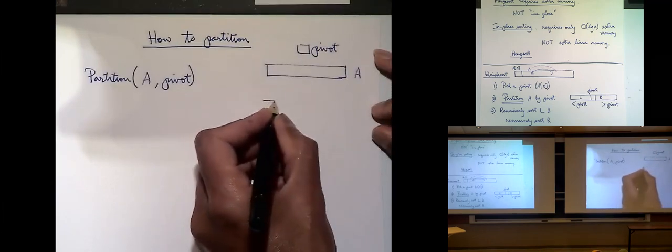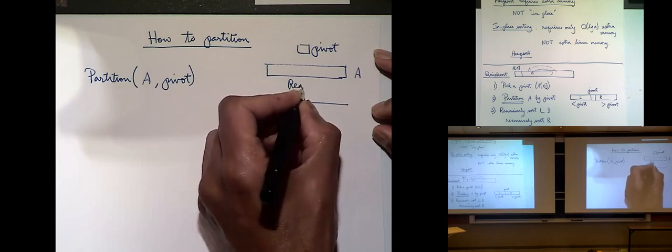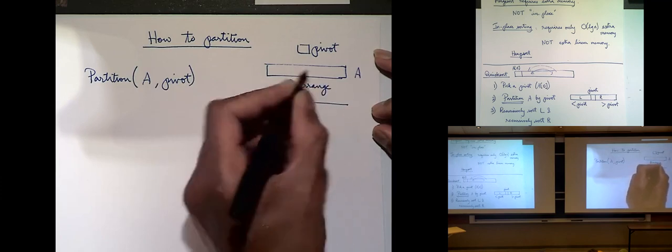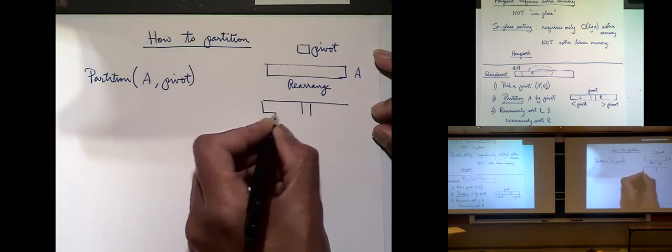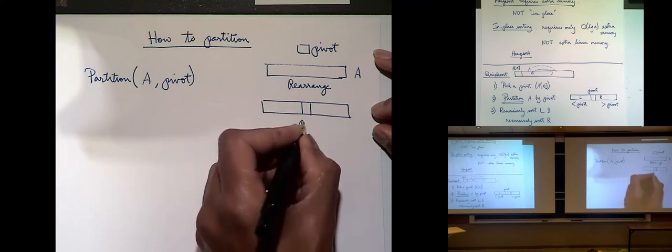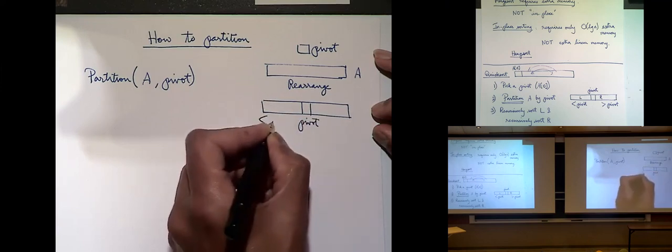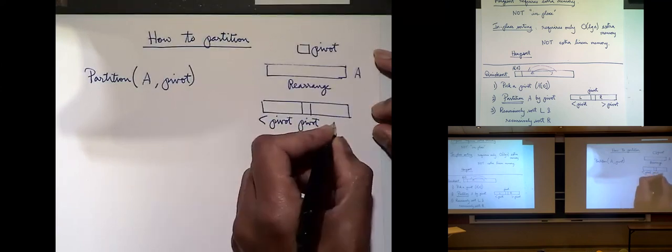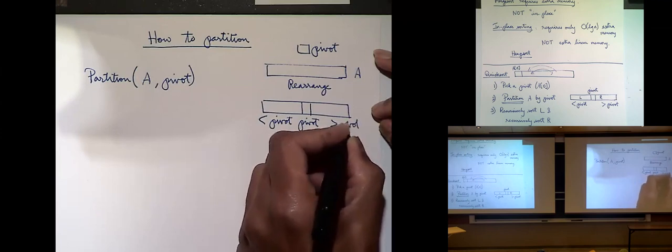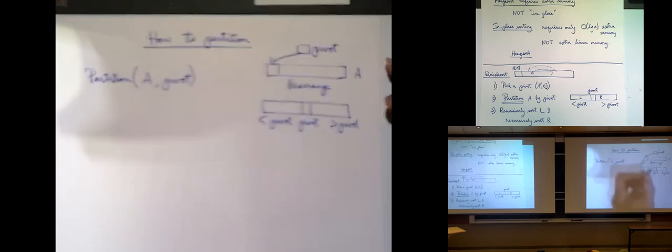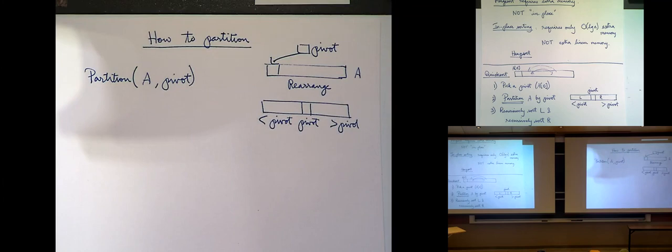And what you want to do is rearrange so that the pivot is here, everything less than the pivot is here, and everything more than the pivot is here. For now, we'll keep life easy and assume that the pivot is the 0th element. But in general, it doesn't matter.